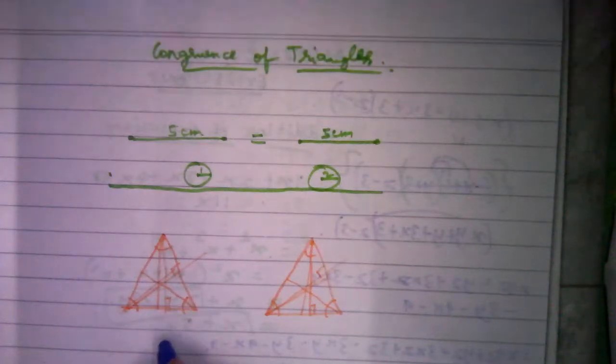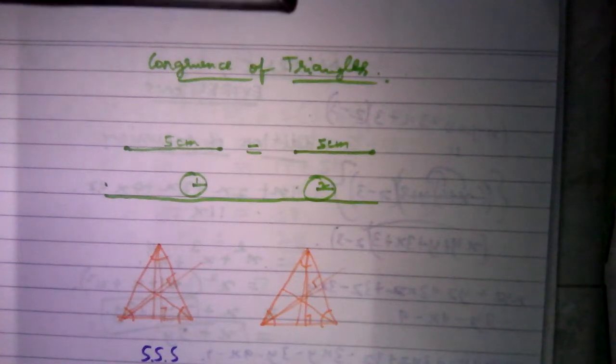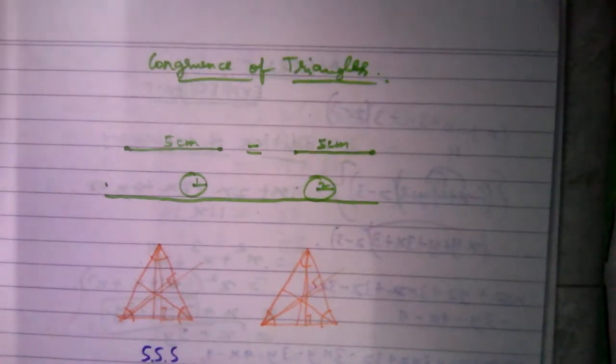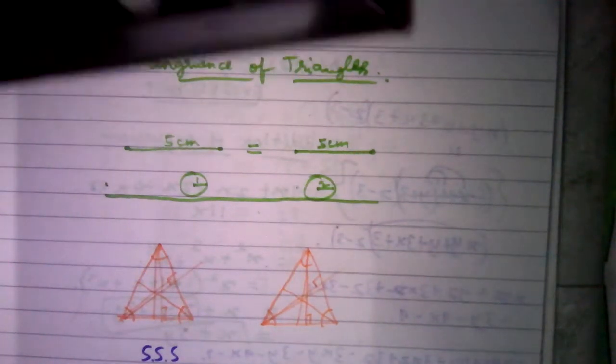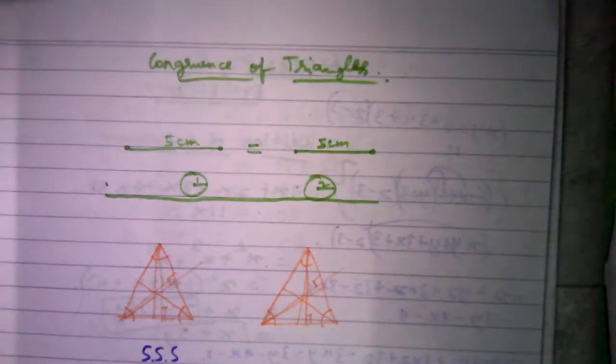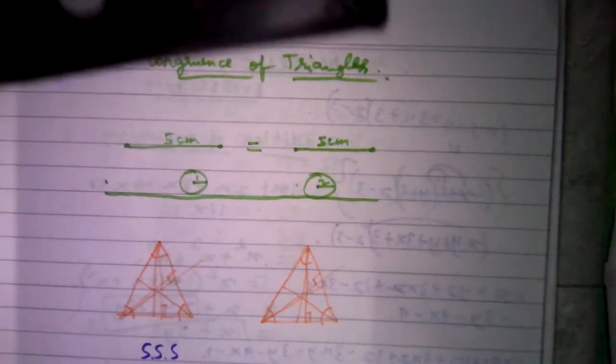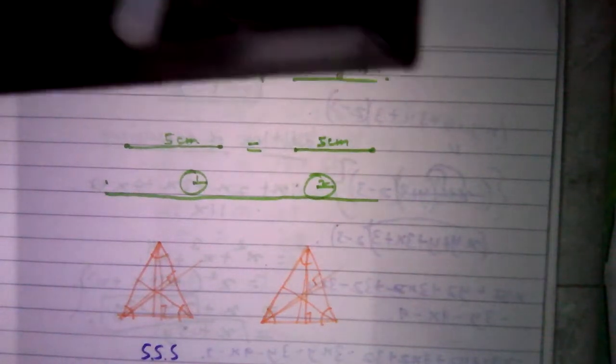The first is to find whether two triangles are congruent: SSS congruence criterion, SAS congruence criterion, ASA congruence criterion, and the next will be RHS, right hand side congruency.